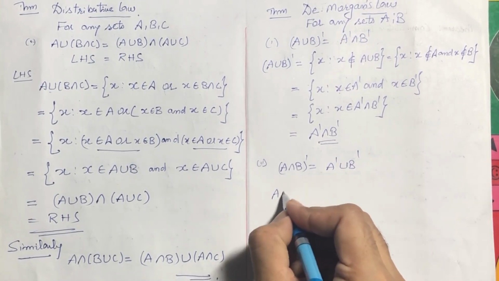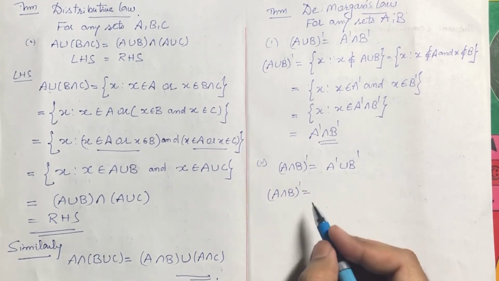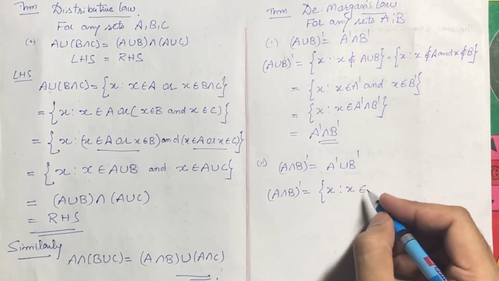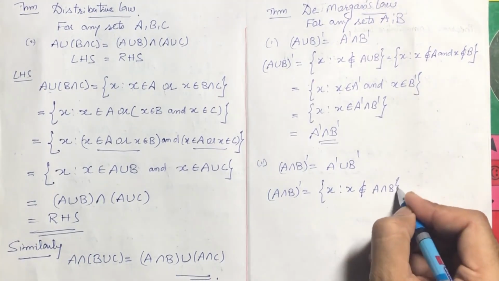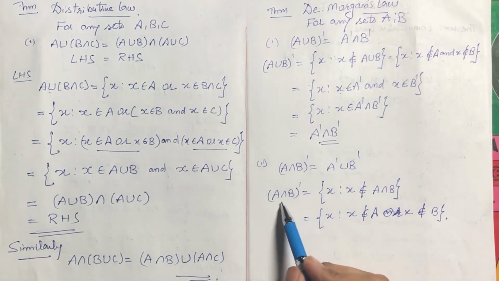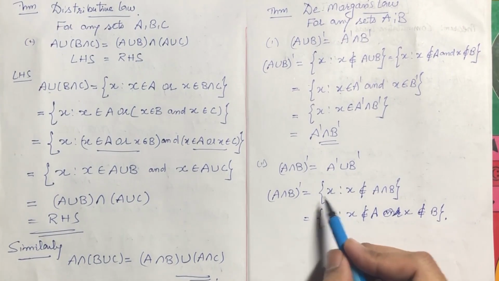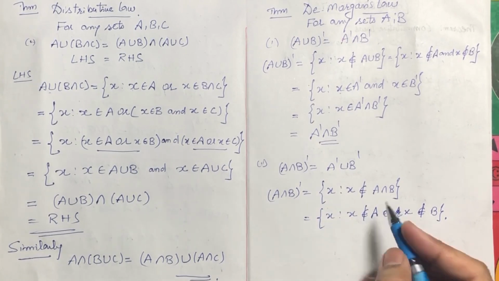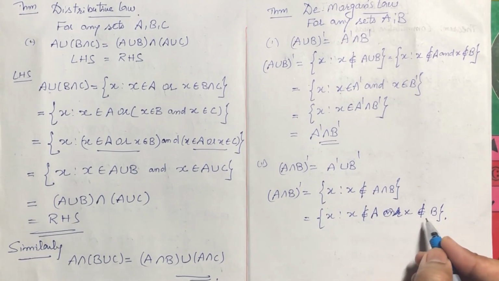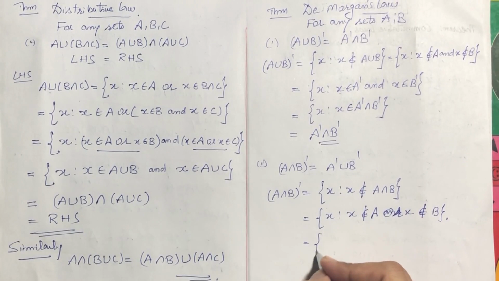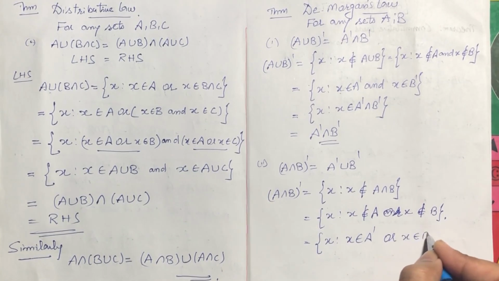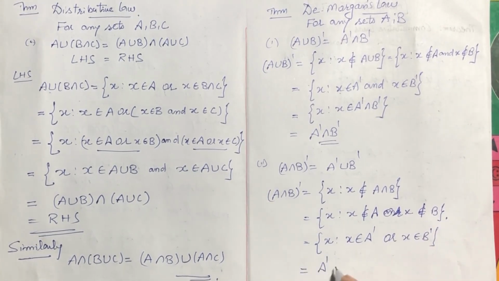So we start with left hand side, (A intersection B)' means complement, means all those elements which do not belong to A intersection B. Now x is an element of this set if x does not belong to A intersection B. It doesn't belong to A intersection B means x does not belong to A or x does not belong to B, which further implies that x belongs to A' or x belongs to B', and which means it belongs to A' union B', which is the right hand side.